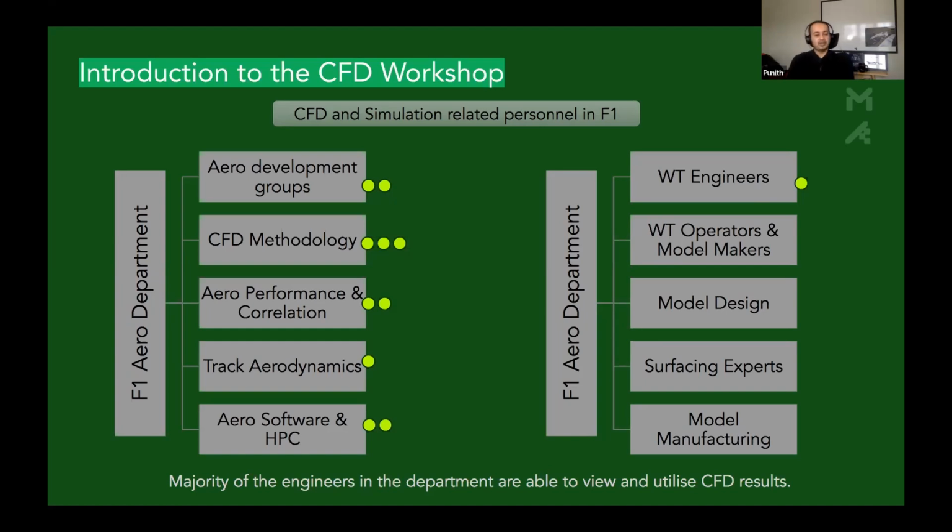You've got PIV engineers, and they make sure that a lot of the tools, like the total pressure rakes and PIV and all of the analysis tools that we use in the wind tunnel, are running and maintained and giving the expected results.